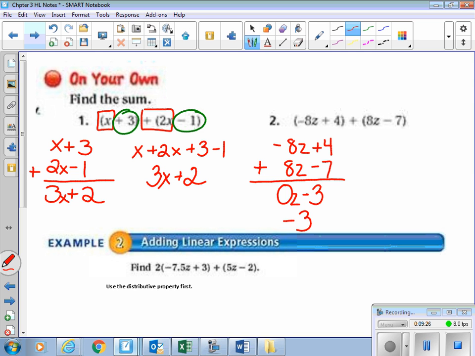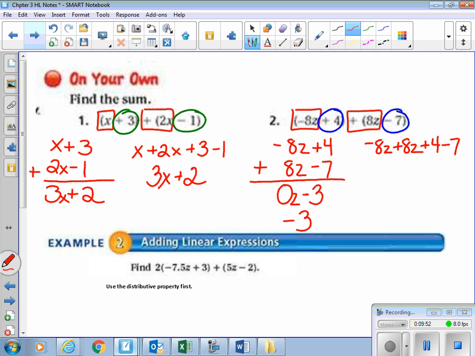If I want to do it horizontally, I've got negative 8z plus 8z. Opposites cancel each other out. Positive 4, negative 7. So I'm looking at negative 8z plus 8z, opposites, plus 4 minus 7.